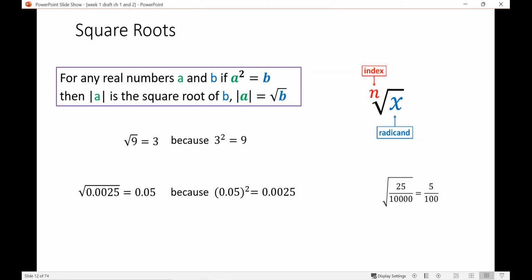All right. We could say the square root of 25 over 10,000 is 5 over 100 for the exact same reason. All right. We can say the square root of 36x to the 14th is going to be 6x to the 7th. And that's because 6x to the 7th squared gives us 36x to the 14th.